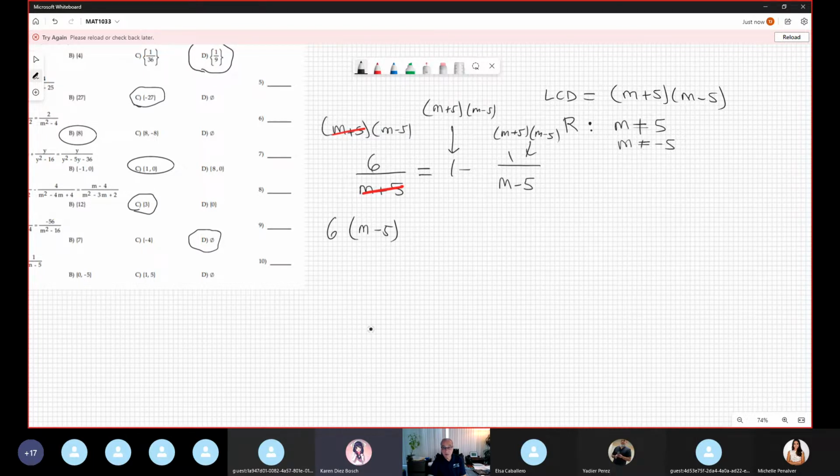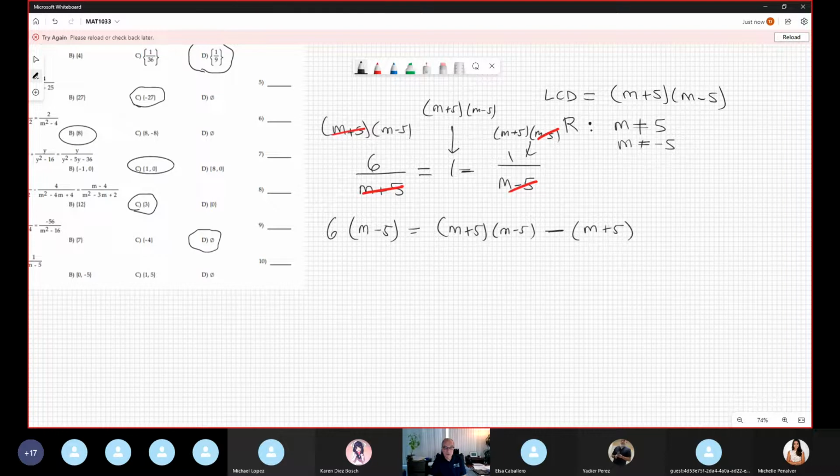Multiply this time 1, you know 1 is invisible, so stay m plus 5 times m minus 5. Minus, because who is cancelled? m minus 5 is cancelled and I stay 1, invisible, times m plus 5. Okay, this is my new equation.